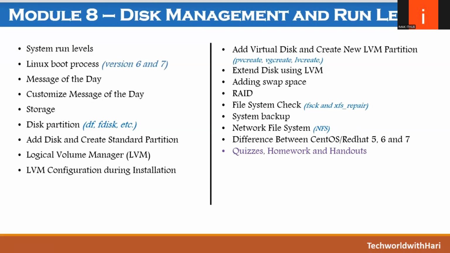In disk partitioning, the logical volume manager is the most important concept, and we'll discuss LVM configuration during installation, adding a virtual disk and creating an LVM partition. So pvcreate, vgcreate, lvextend, vgextend, extending the disk using LVM, adding swap space, RAID, file system check, fsck, and xfs_repair, dump, system backup, and network file system, NFS, the difference between CentOS and Red Hat 5, 6, 7, and quizzes, homework, and handouts.